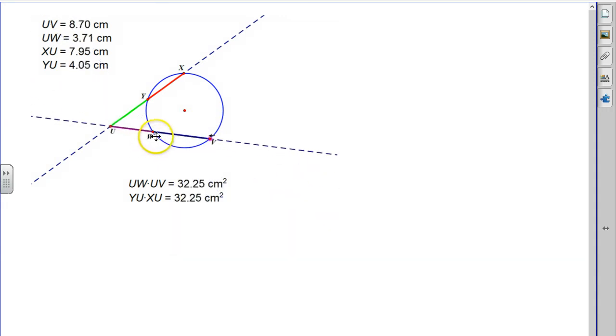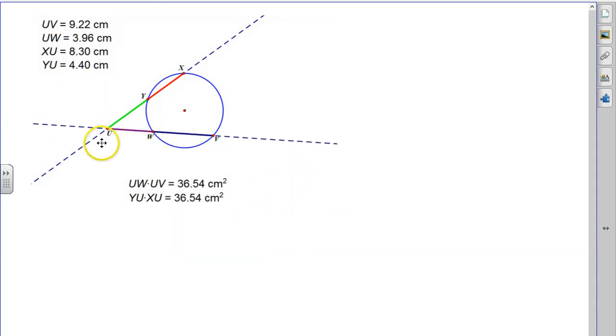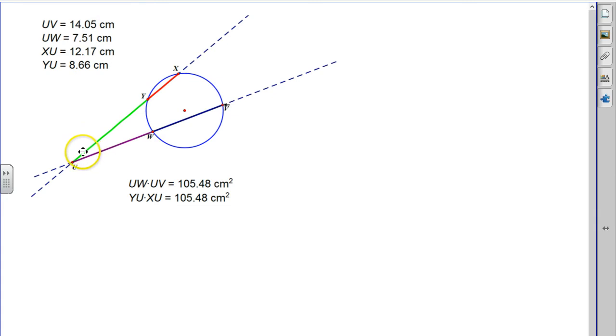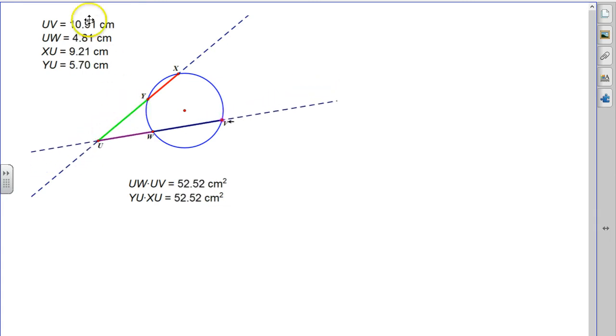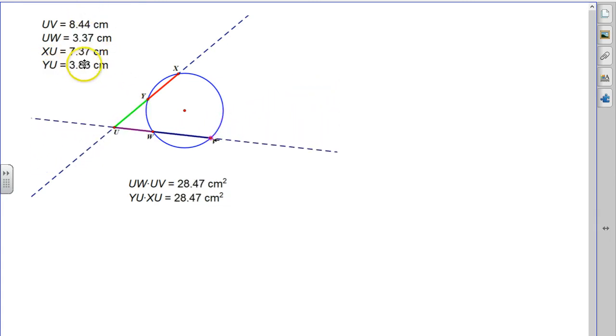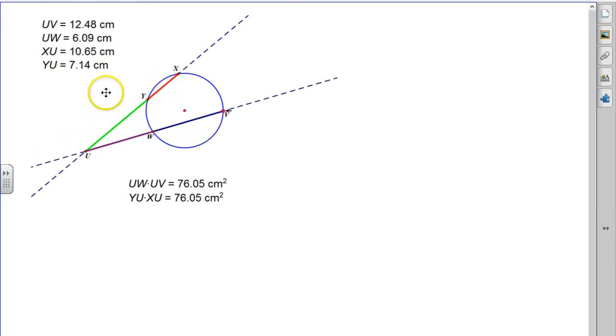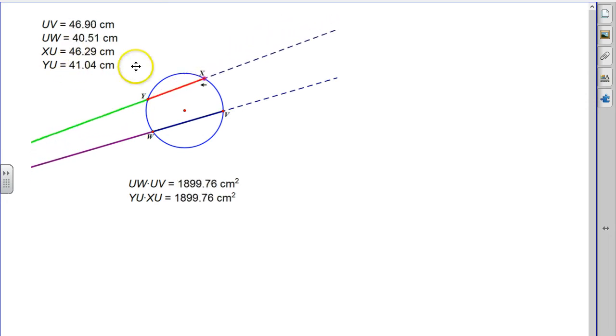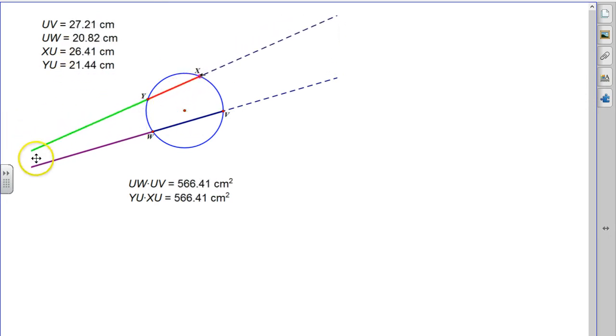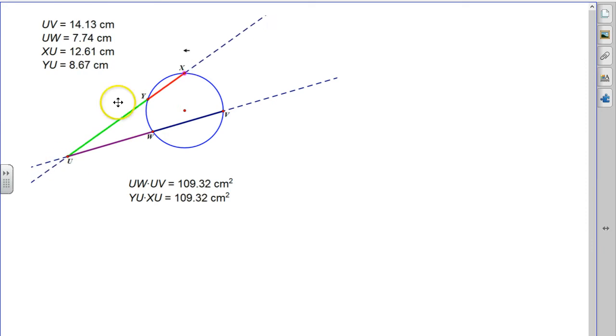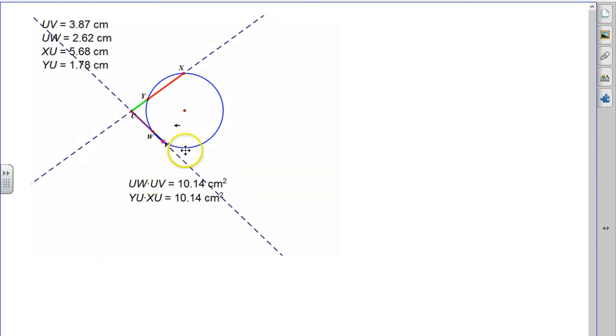You get the exterior segment YU times not the part, but the whole segment XU, equals the same thing for the other one.